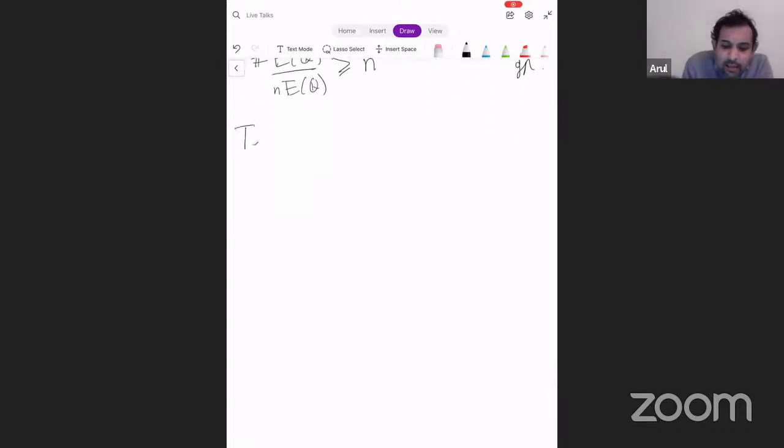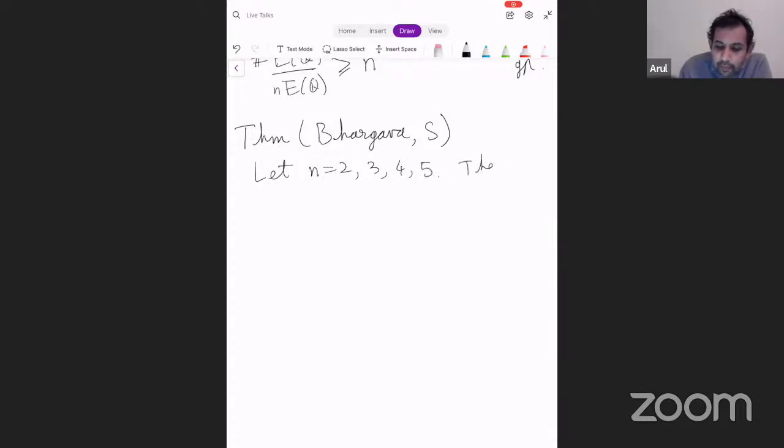And I'll state this result, which is due to Manjul Bhargava and myself. What we prove is that if n is 2, 3, 4, or 5, then the average size of the n-Selmer group is the sum of divisors of n.